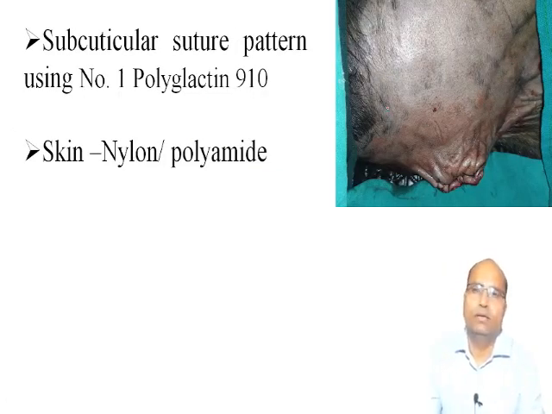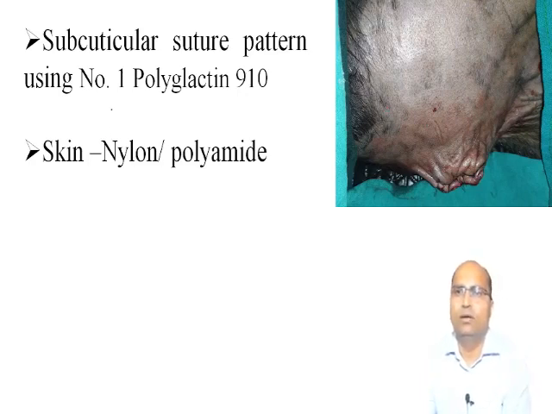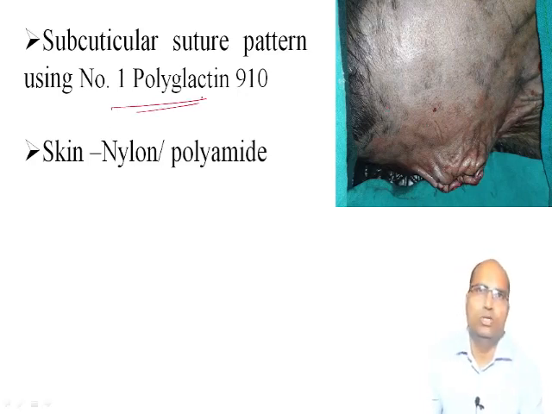Subcuticular suture pattern using number 1 polyglactin 910. The skin should be closed using nylon or polyamide suture materials.